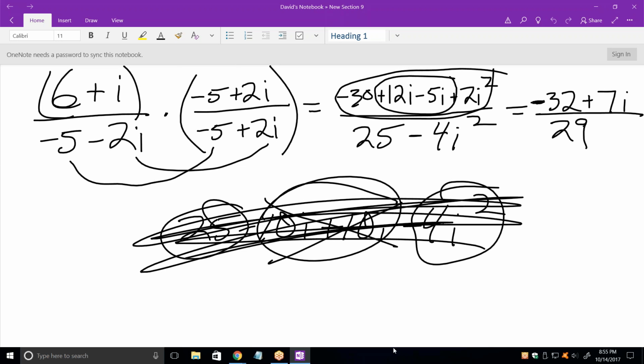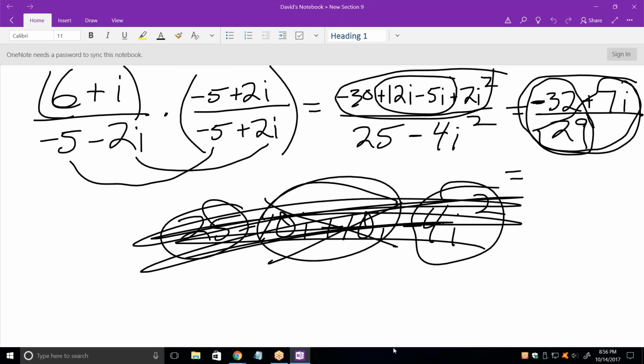Now, that answer is not in a plus bi format. It's the one time you're doing division that you don't end up with a plus bi format directly. You got to convert it. So let me read what it says real quick. How do I? Well, just split it into two fractions. You got this fraction plus that fraction.